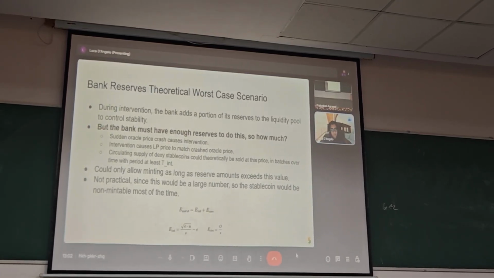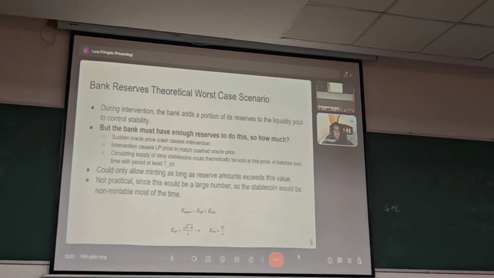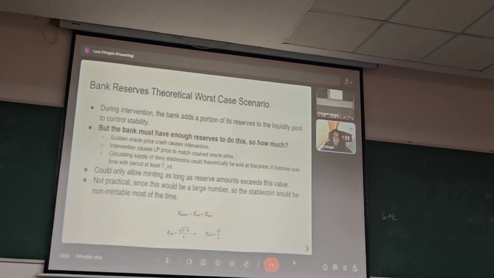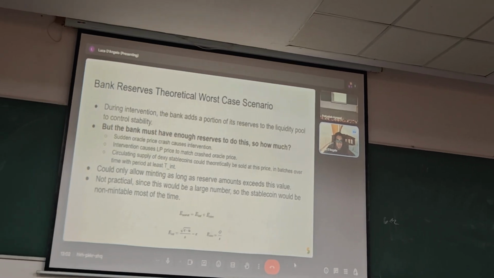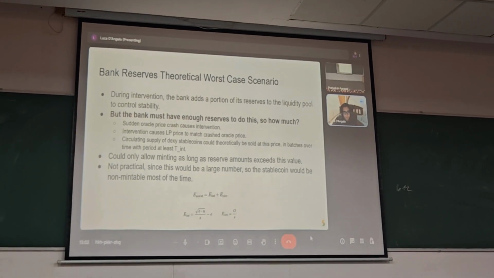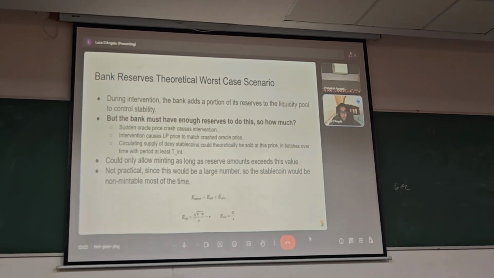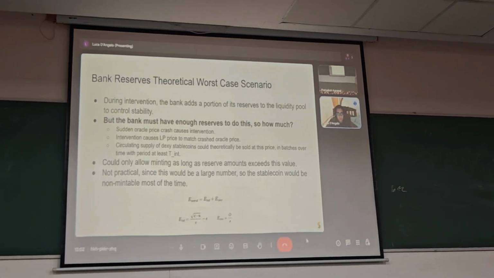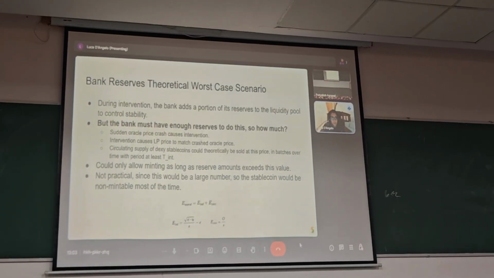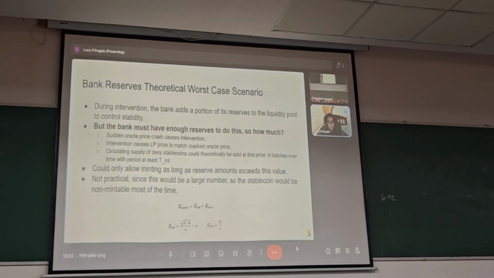One possibility would be to only allow minting once there's enough base coins in the bank, but this number would be very large in practice, and so it would be unmintable most of the time.